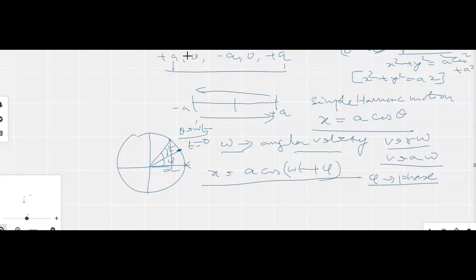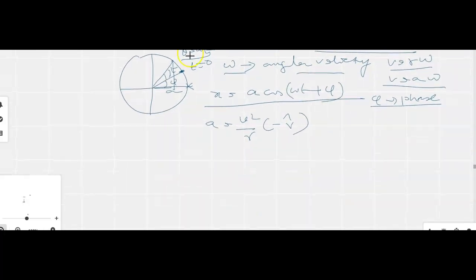And we know that the acceleration of the particle which is going in a circle is given by a equal to v square by r, in the direction minus r, that is towards the center. So if we try to take the x component and y component of the acceleration, at this point the acceleration is like this.